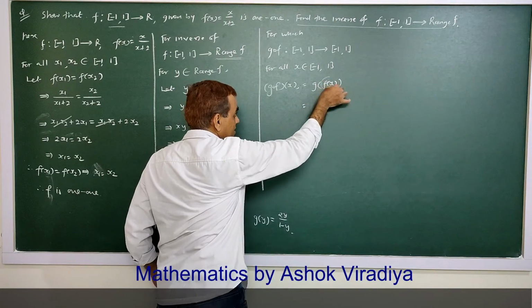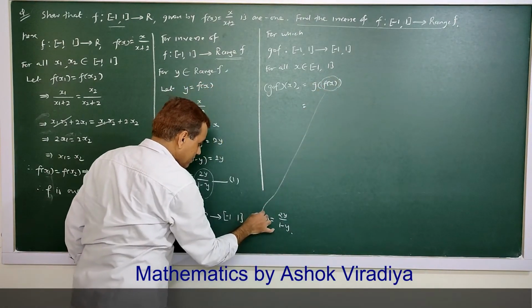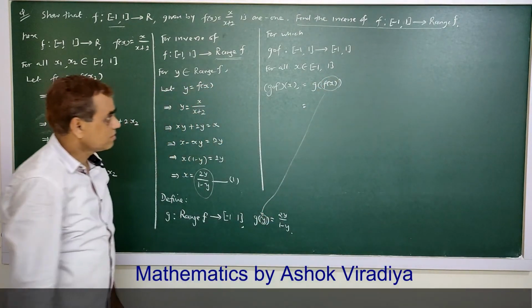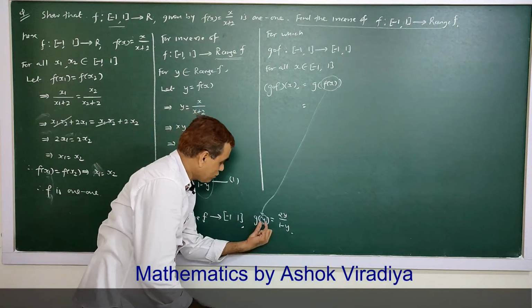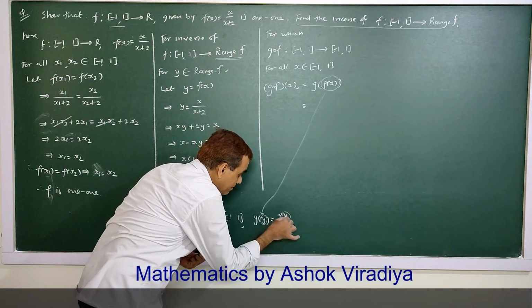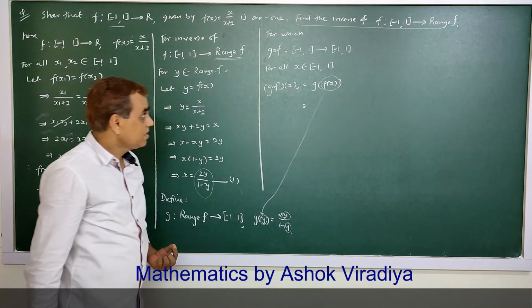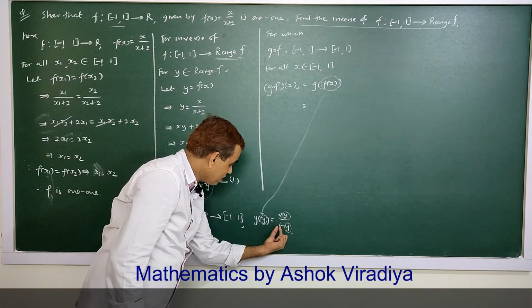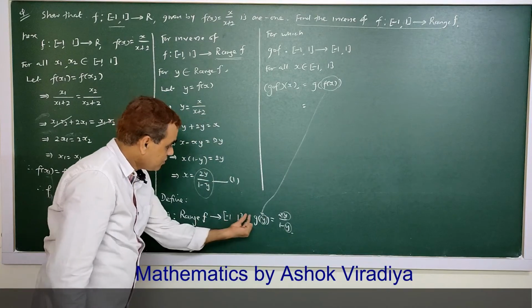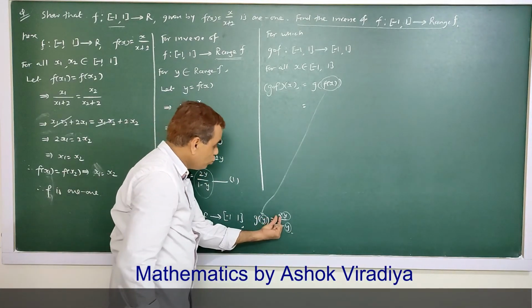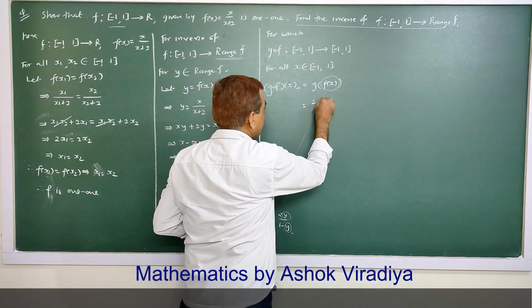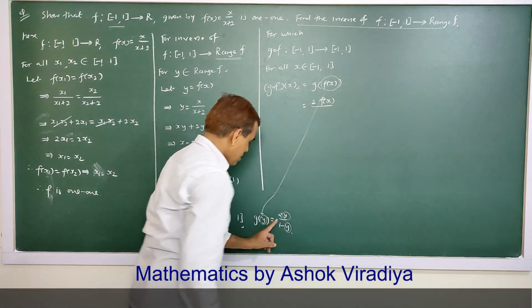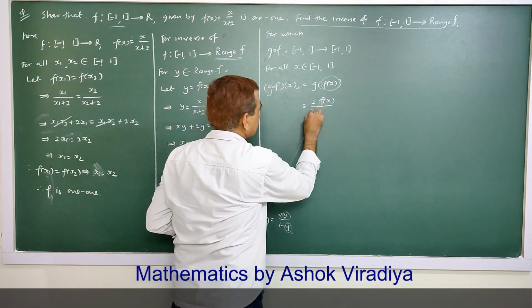Now this f(x) I am putting here. Whatever I keep here, the same value I should keep here. So g of f(x) is 2 times f(x) upon 1 minus f(x).